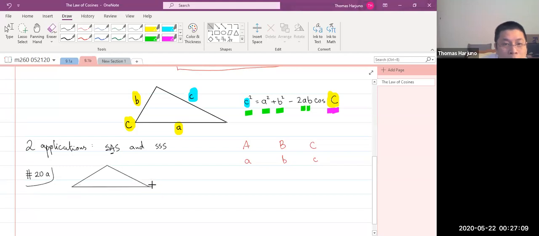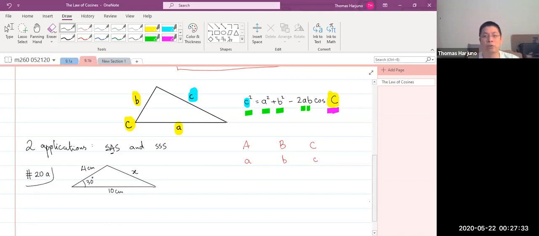Of course, you can just go ahead with the problem if you like, but what I have in number 28, this is 4 centimeters. This is 30 degrees. And this is 10 centimeters. Find x.